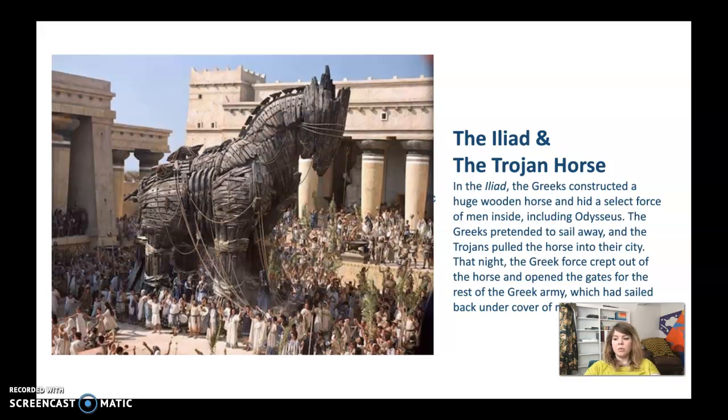And so the Trojans actually bring the wooden horse inside of the city, where under the cover of night, the select group of Greek soldiers inside of the Trojan horse come out and open the gate and let the rest of the Greek army into the city of Troy. And that's how the war between the Greeks and the Trojans was won, with this trick of the wooden Trojan horse.